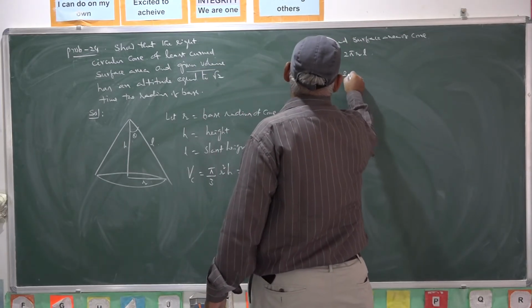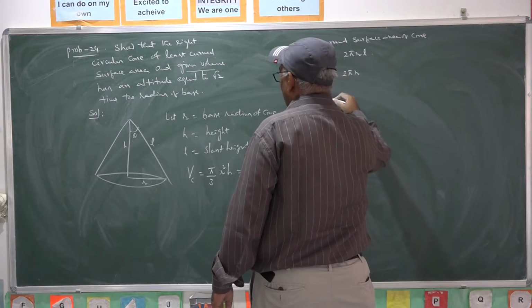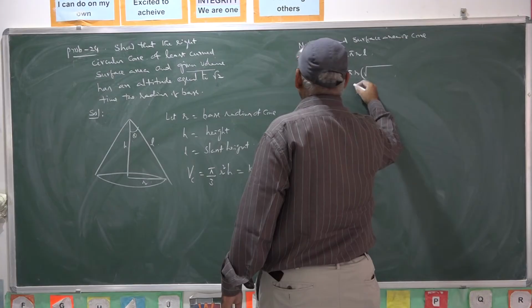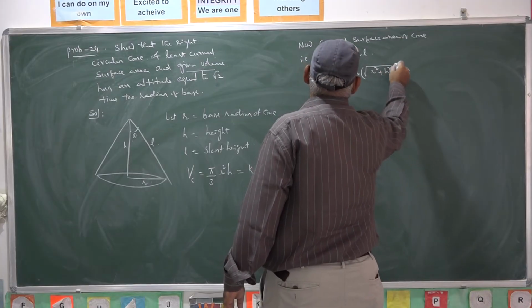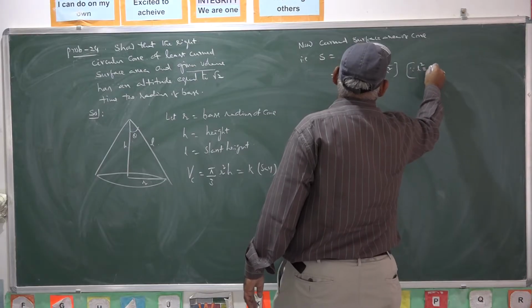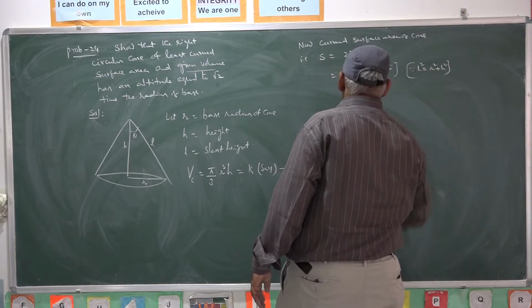Now this equals 2 pi r into L, which may be written in terms of h and r as square root of r square plus h square, since L square equals r square plus h square from the figure.